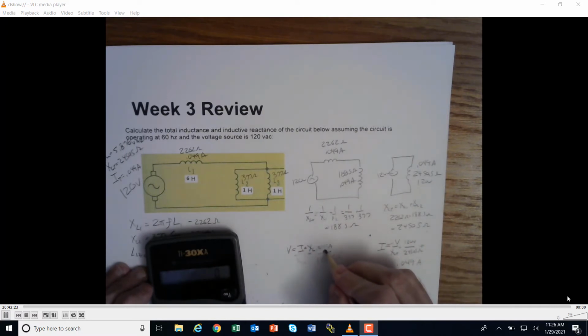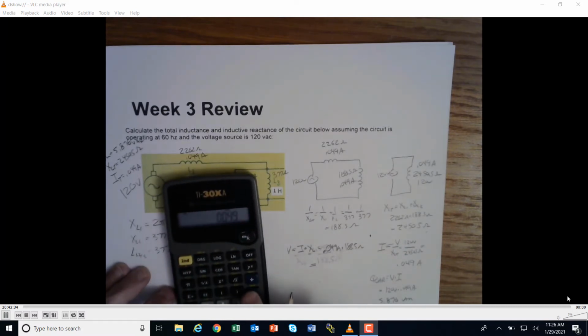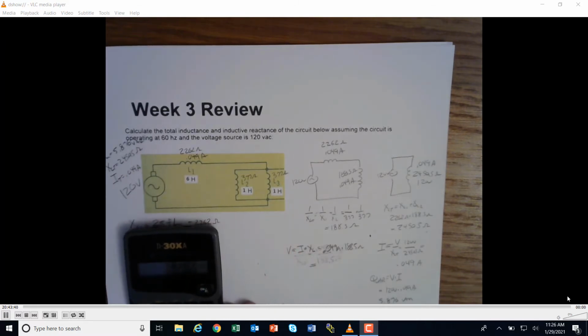We would have 0.049 amps times 188.5 ohms. So we're going 0.049 times 188.5 equals, is that right? 9.237 volts.